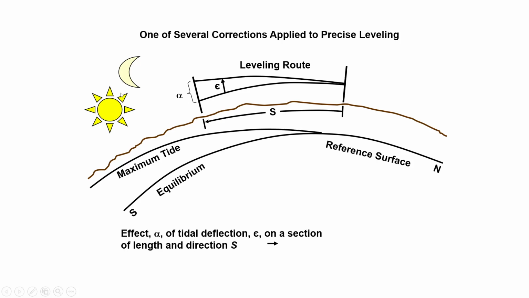So when the sun and moon are situated in one proper place, the tide begins, and this tide changes the reference surface, and so the leveling rod.